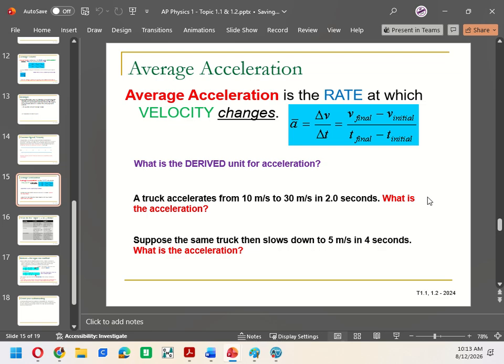Now, notation. What are my units? M, S, two. Why? Acceleration is always going to be per second, so it's second squared.